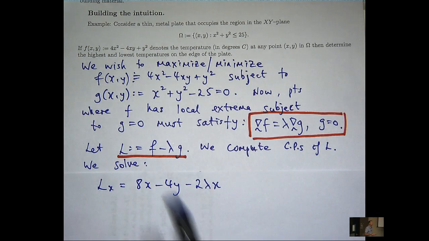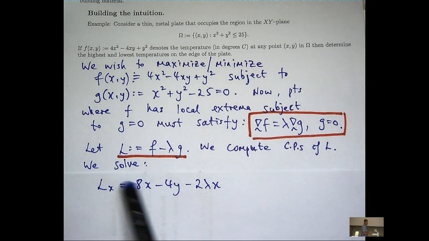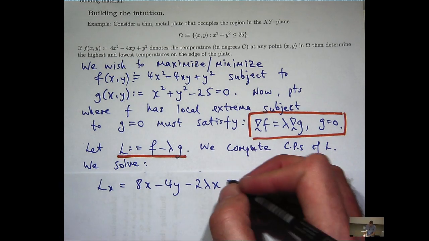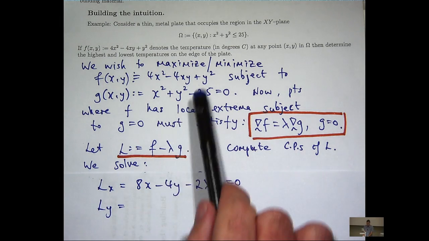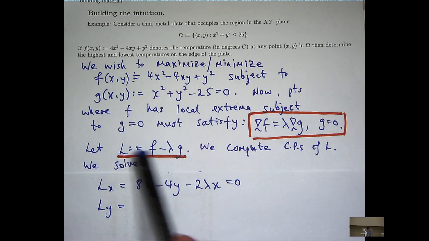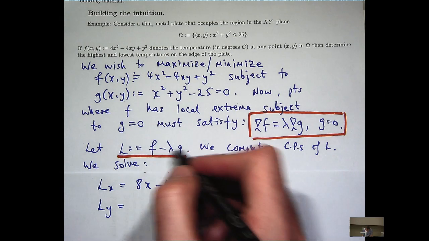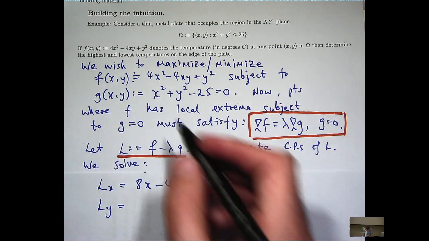Now let's compute dL dy and set that equal to 0. So let's just differentiate this with respect to x and this with respect to y, and then set it equal to 0.